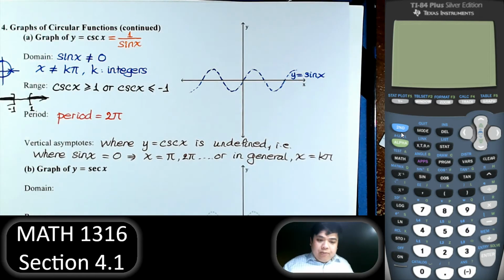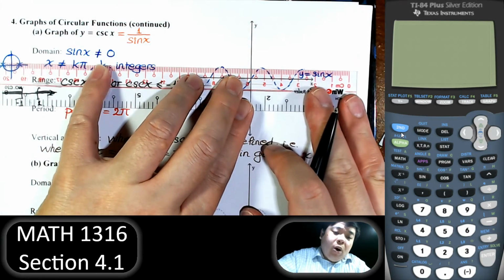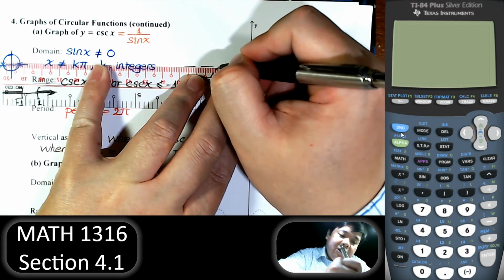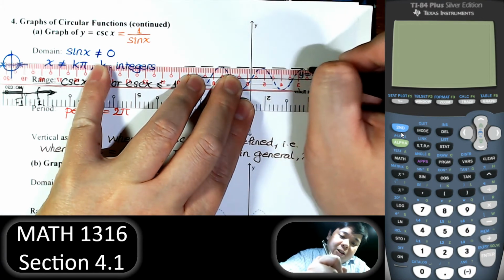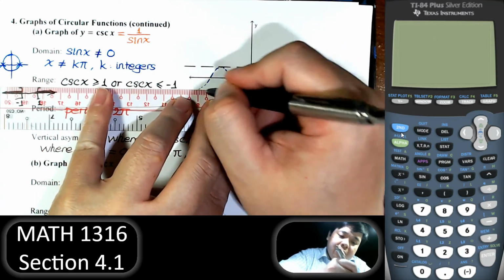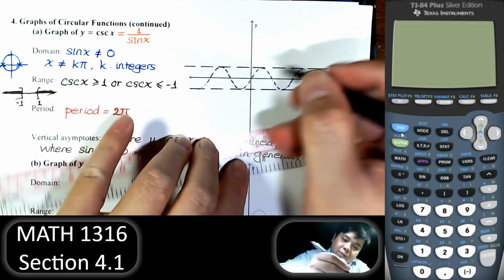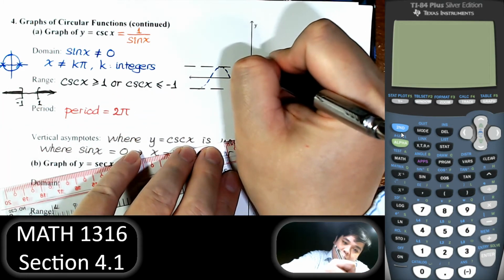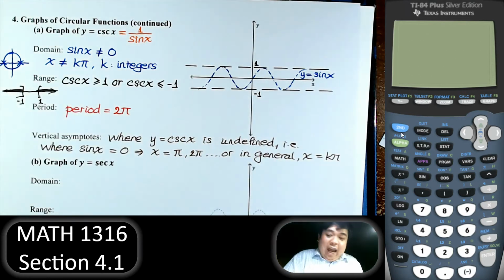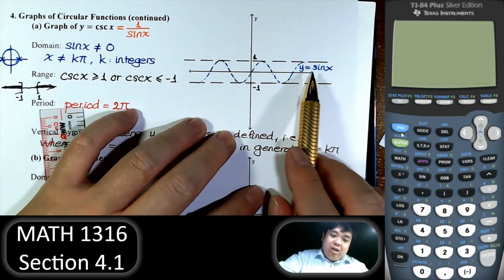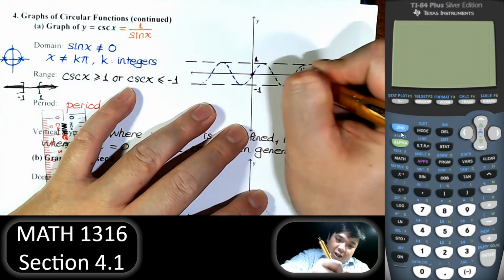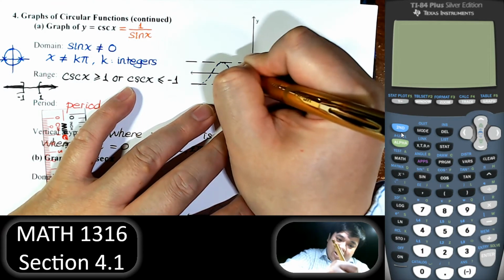And we know sine x is between -1 and 1, right? And we also know that there's a vertical asymptote at multiples of pi. Or easier, the asymptote is where sine equals 0. This is sine x, it is equal to 0 here, here, here, here, and here.